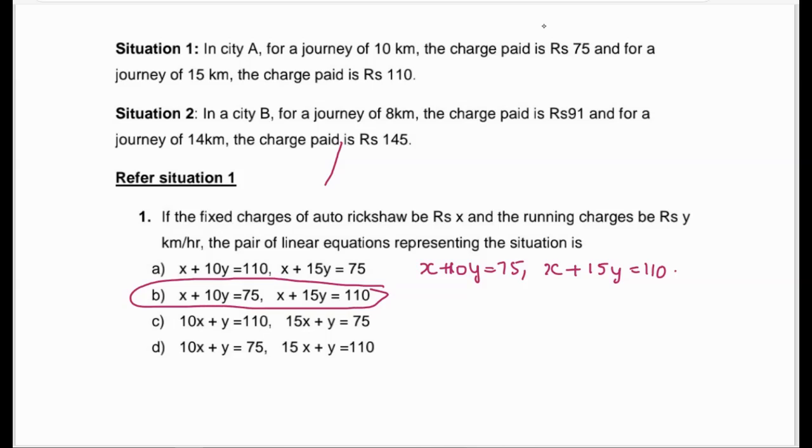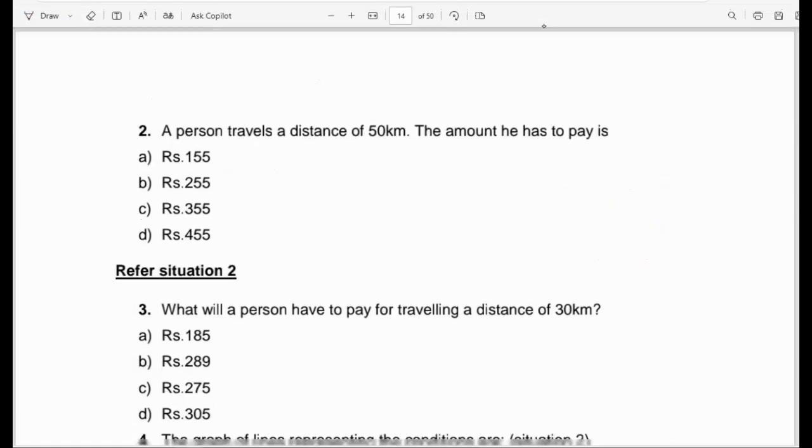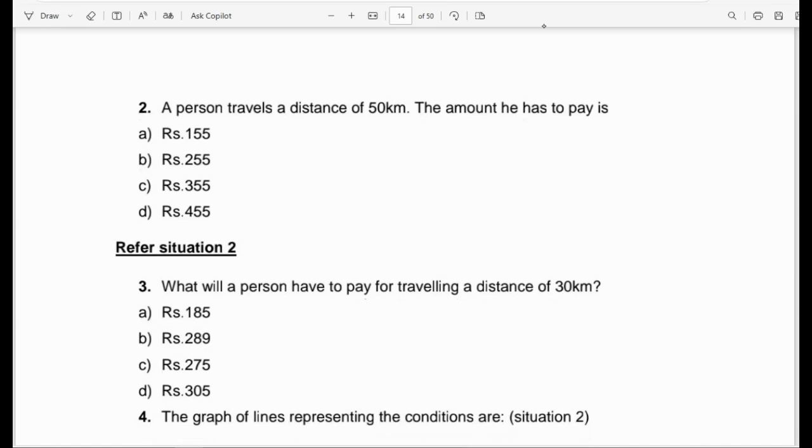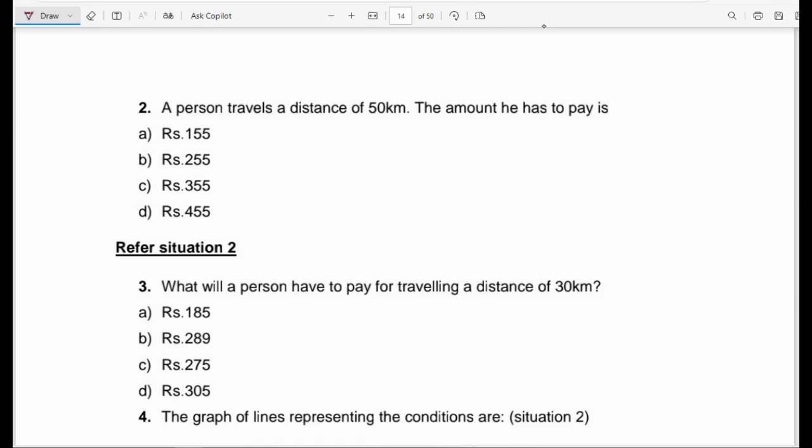Then next one, a person travels a distance of 50 kilometer, the amount he paid is. So you have x plus 15y is 110, then x plus 10y is 75.